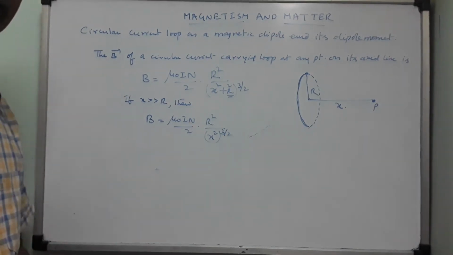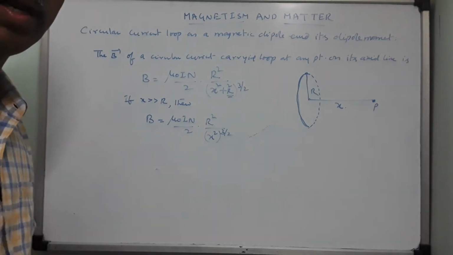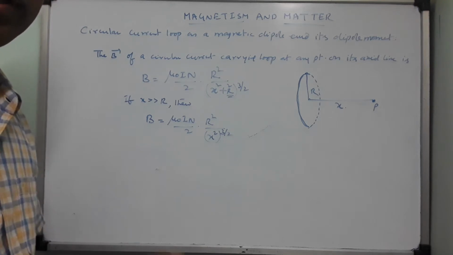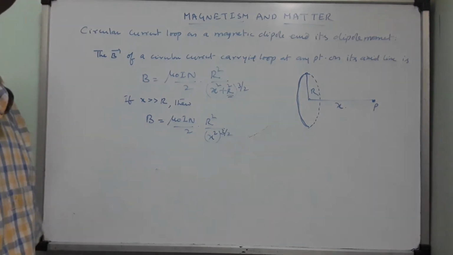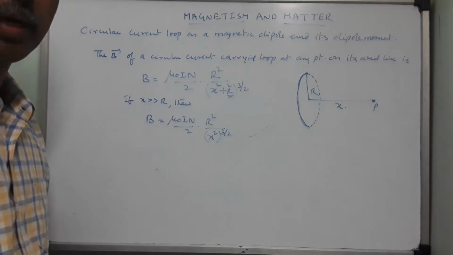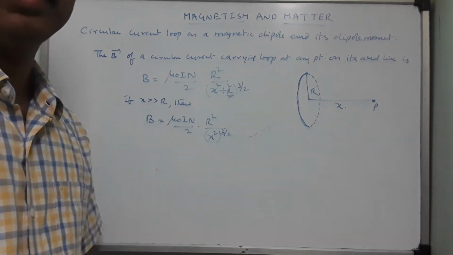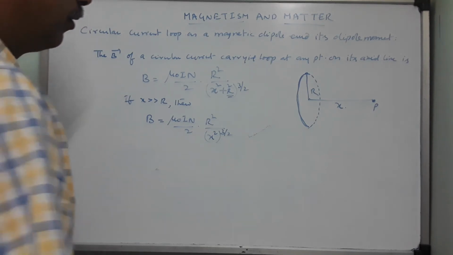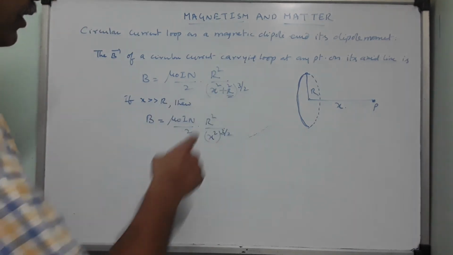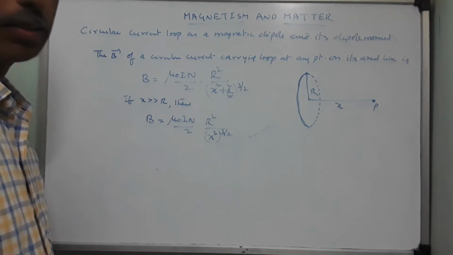In approximations where the quantity is negligibly small, we make 0 only those things which are added or subtracted, but not the things that are getting multiplied. If we make it 0, then everything will become 0, that the magnetic field itself got 0. Okay, so R is made 0 because it is getting added to X square.